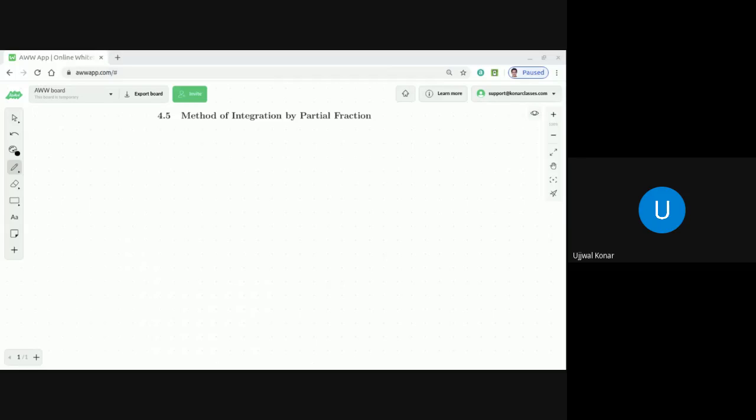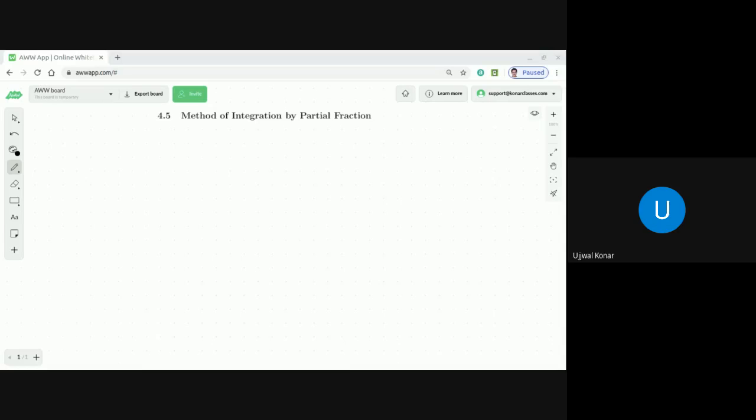And yesterday I said that today I will be discussing in detail the process to be followed in partial fractions, and the different cases in which we perform different kinds of partial fractions.